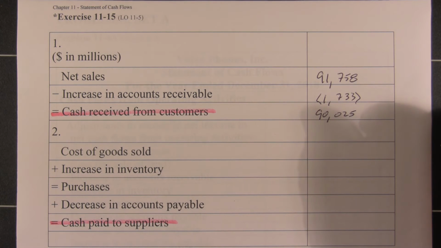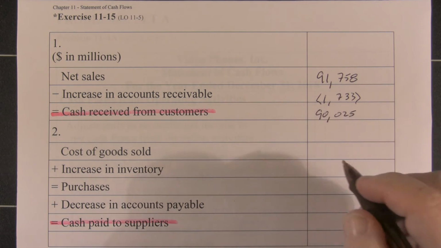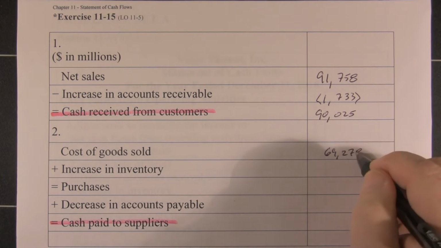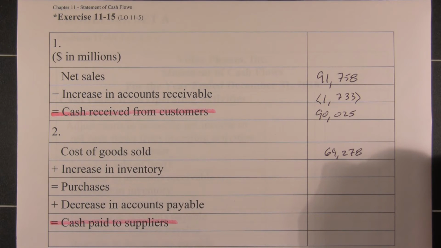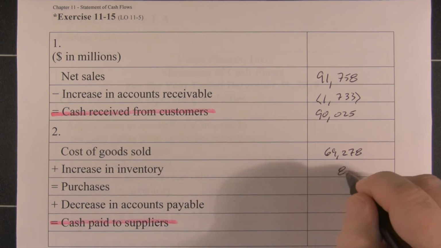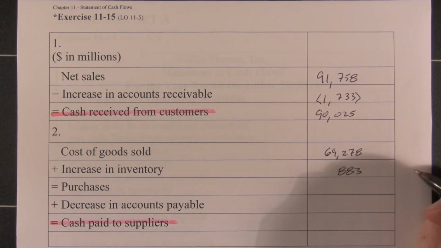So we have our cost of goods sold of $69,278 million. Our inventory increased $883 million. So our ending inventory is greater than our beginning inventory by $883 million.